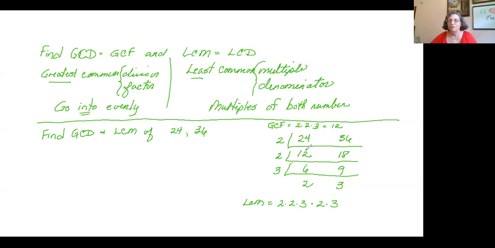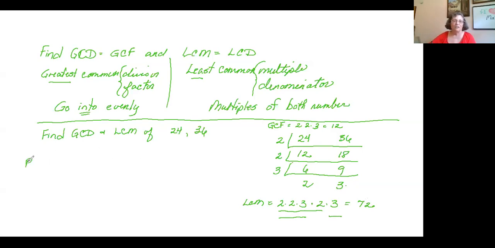So in order to be a multiple of 24, it has to have 3 2s and 1 3. In order to be a multiple of 36, it has to contain 2 times 2 times 3 times 3. And in any case, this is 12 times 6 is 72. So the least common multiple is 72.